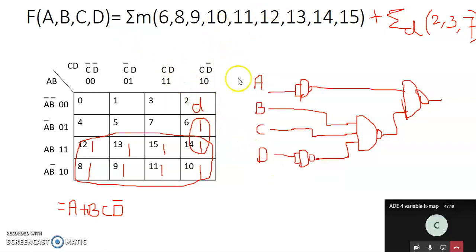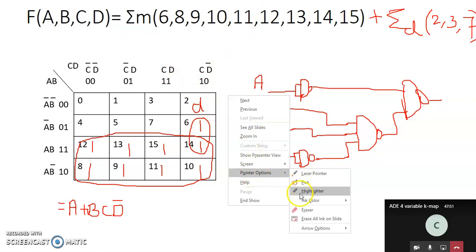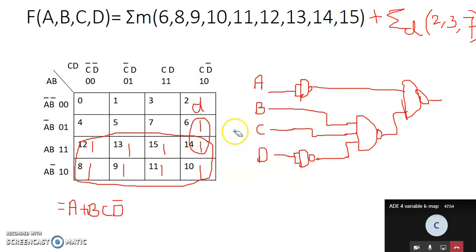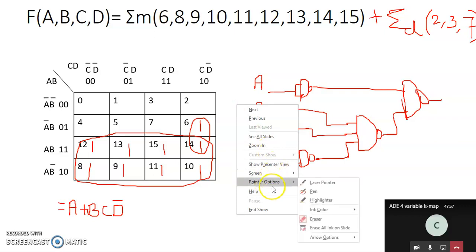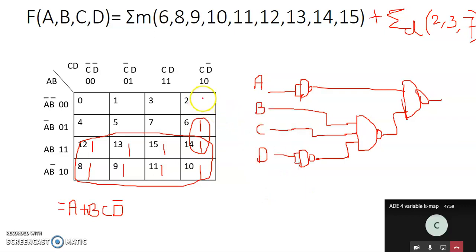Because here we used D in order to write the terms, in the representation of the K-map I'll write it as X. These locations are written as X. When I'm grouping, the meaning of don't care is that I'm not bothered what the output is.